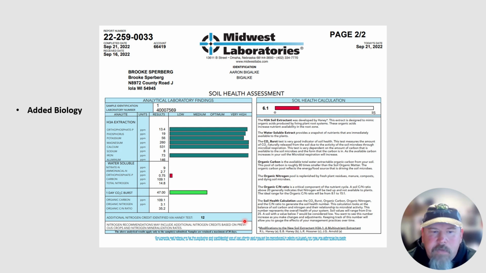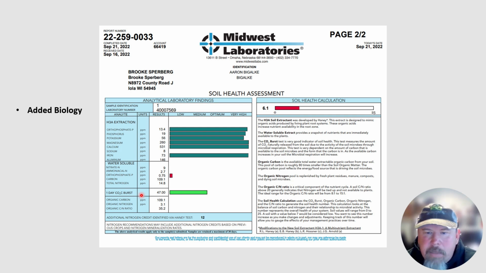Then as we move down, the 1-day CO2 burst, this is when they take an amount of soil and then they wet it and they measure the amount of CO2 that is released from the soil, from the microbes through the microbial respiration.